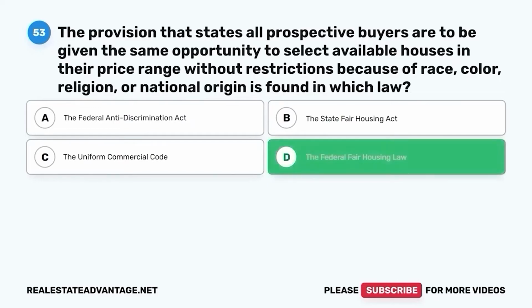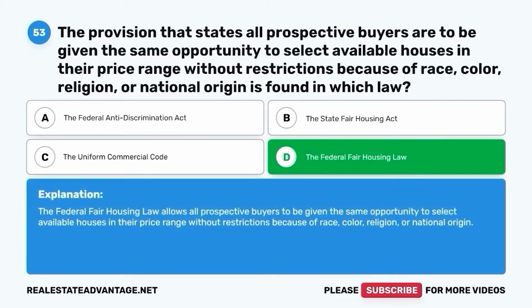The correct answer is D, the Federal Fair Housing Law. The Federal Fair Housing Law allows all prospective buyers to be given the same opportunity to select available houses in their price range without restrictions because of race, color, religion, or national origin.